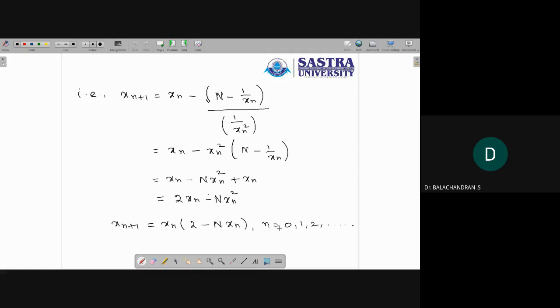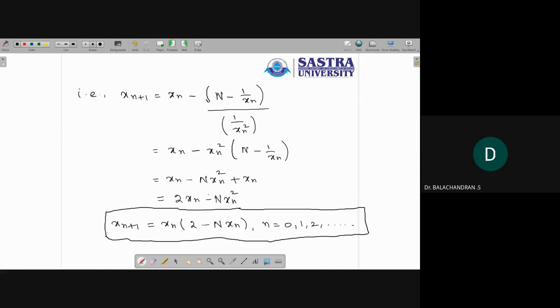So n varies from 0, 1, 2, 3. So this is an iterative formula for the reciprocal of a number n. Okay, this is an iterative formula.